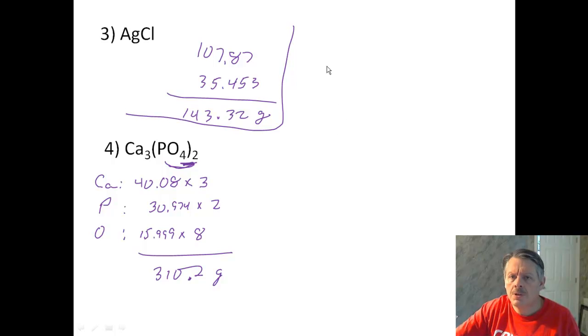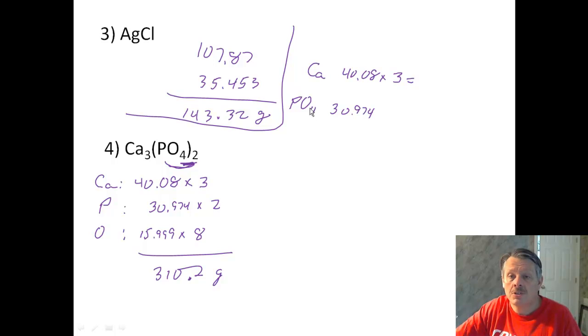Now, how could I do it a different way? Well, the other way to do it is say that I've got calcium, and that's 40.08, and I have 3 of them. So far that looks the same. But now what I'm going to do is I'm going to look at phosphate. I'm going to say that I've got PO4. And phosphate is 30.974 because it's phosphorus, and then I've got 4 oxygens.